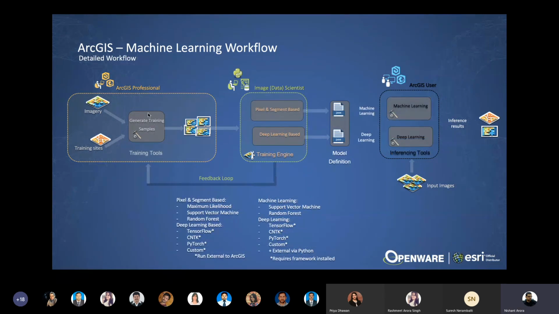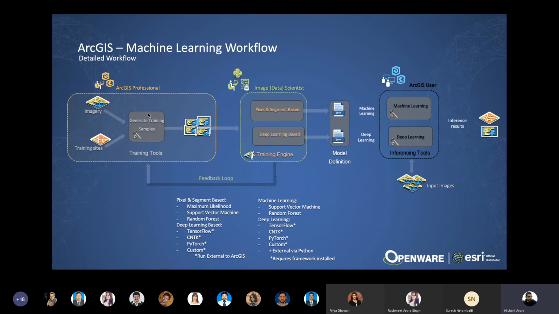Now, the third and the foremost important machine learning workflow is where we are incorporating deep learning along with the inbuilt capabilities of machine learning tools that we have with ArcGIS. So training samples of features or objects of interest are generated in ArcGIS Pro with classification and deep learning tools.